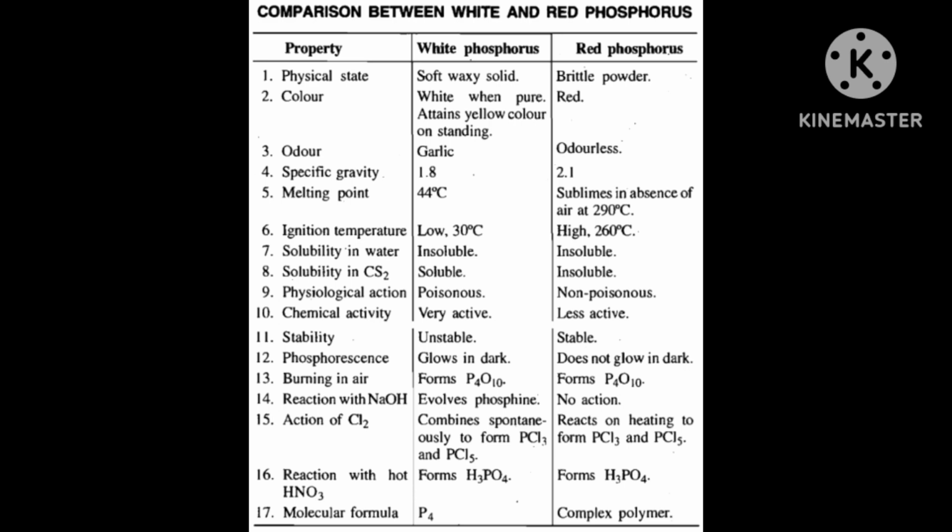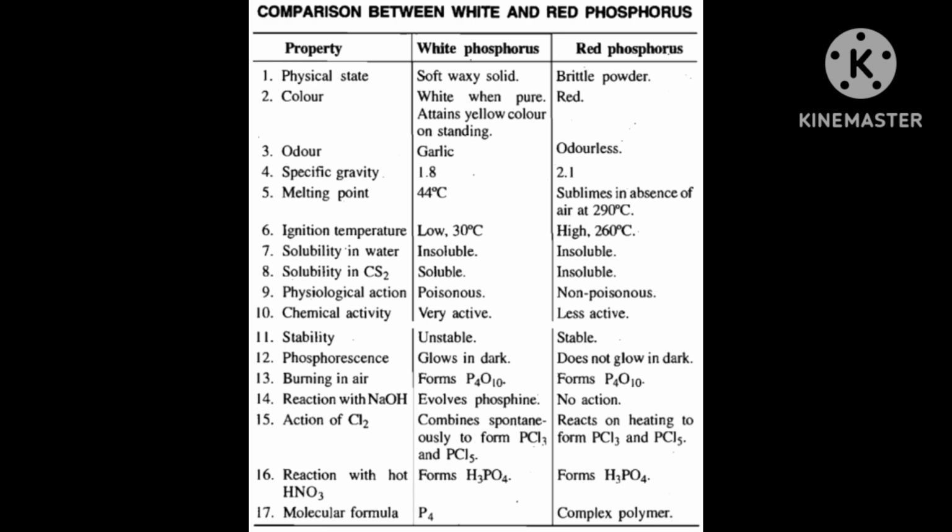I am talking about alpha black phosphorus. It is formed when red phosphorus is heated in a sealed tube at 803 Kelvin. It can be sublimed. Sublimation is when, directly without converting to liquid, it goes to the vapor phase.